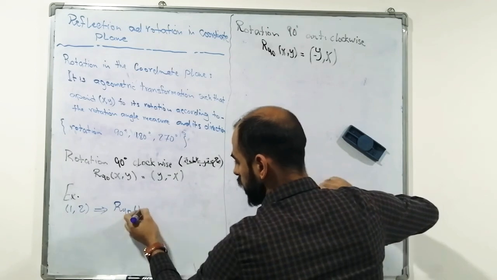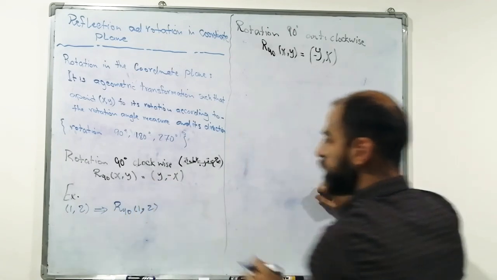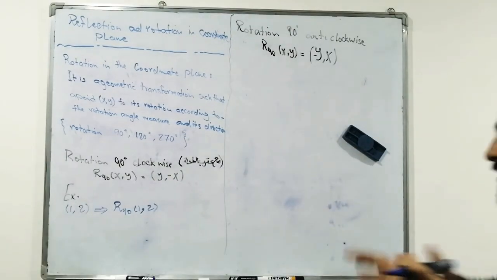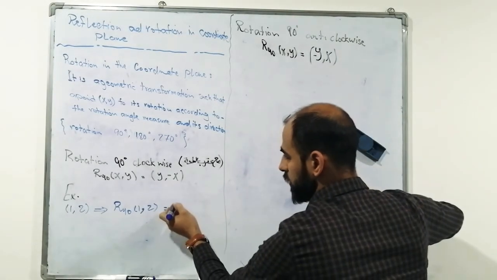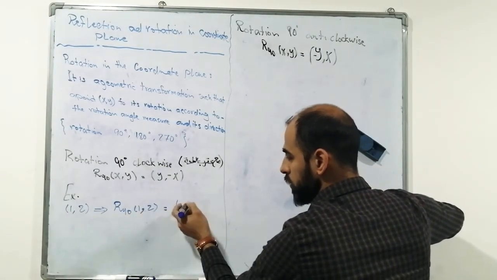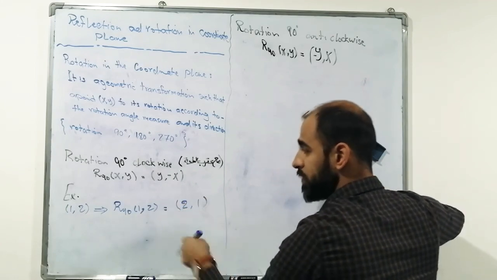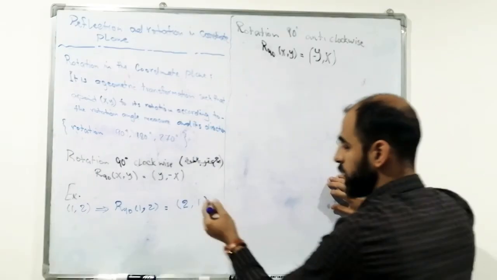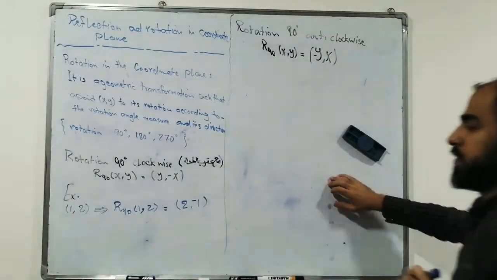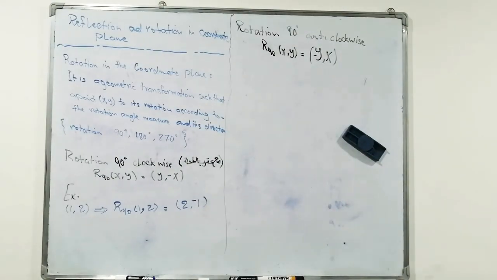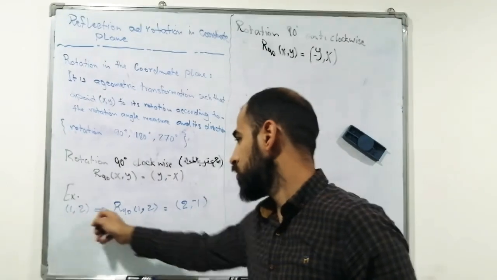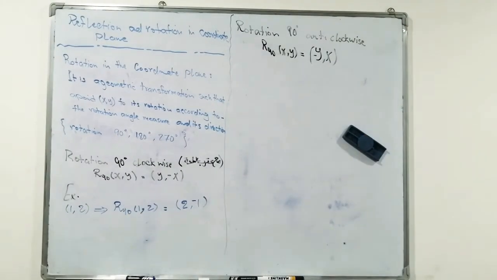For the point 1, 2, we know from the rule we have to put x instead of y and y instead of x. That means the point will be 2, 1. Then change the sign of the second part. It will become 2, minus 1, which is the rotation of the point 1, 2, 90 degree clockwise.